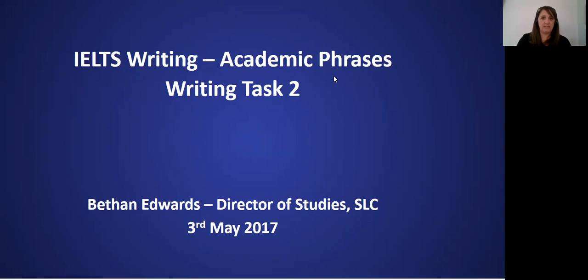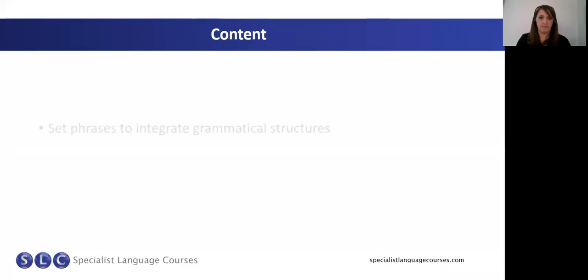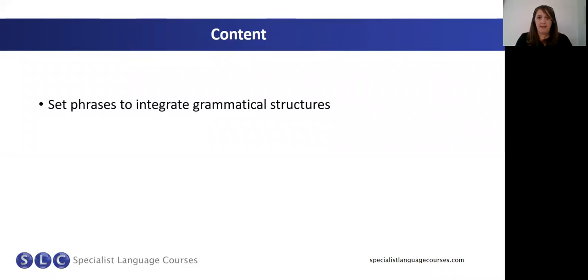So today's webinar is academic phrases you can use in writing task 2. So let's look at what we're going to do today. Our main objective today is looking at set phrases that you can include in your essays for IELTS which integrate more complex grammatical structures.